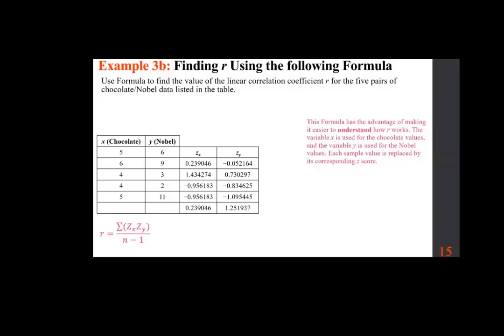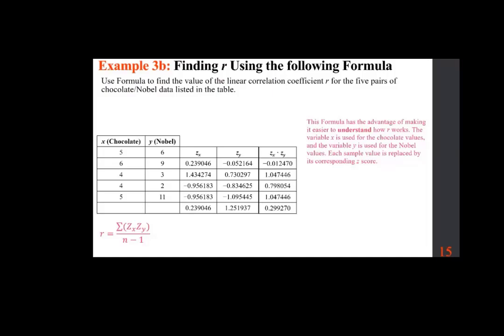Okay. So z sub x is calculated, z sub y is calculated. You multiply. So these two columns are being multiplied.